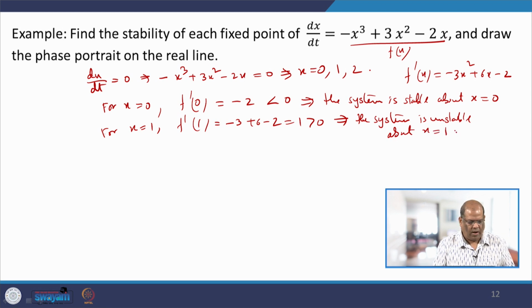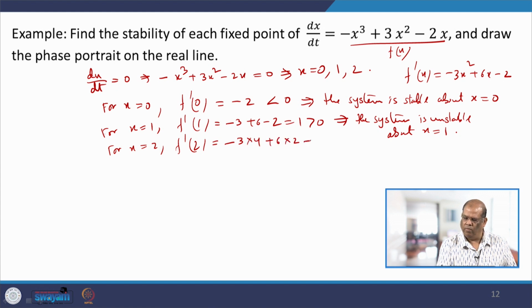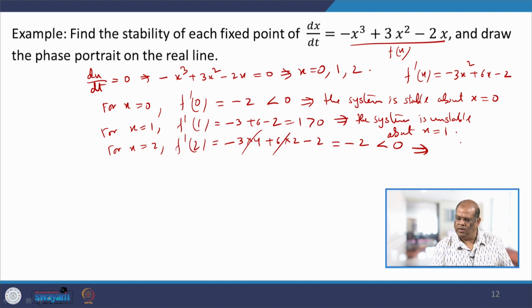And in a similar manner, if you find for x equal to 2, then f dash 2 is minus 3 into 4 plus 6 into 2 minus 2, which is minus 2, which implies that the system is stable about x equal to 2.